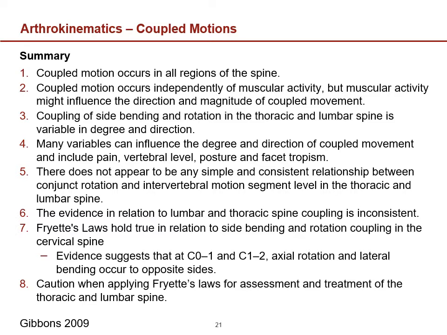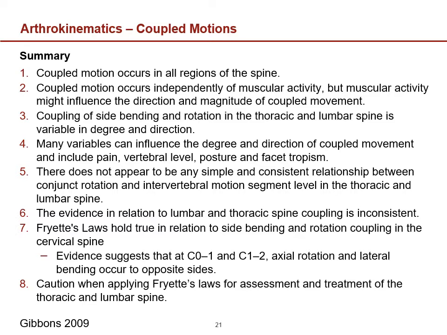Coupling of the side bending and rotation in the thoracic and lumbar spine is variable in degree and direction, and apparently also by level, as denoted by that JOSPT study that we just looked at. Many variables can influence the degree and the direction of the coupled motions, and this includes pain, vertebral level, posture, facet tropism, and/or even the orientation gaze of the individual.